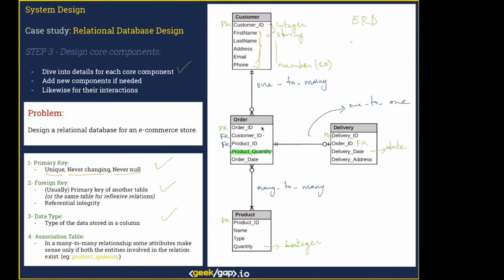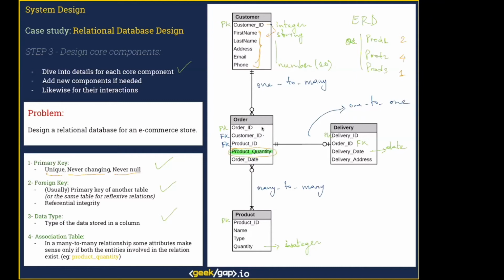So if you have, let's say, order 1, and you have product 1, product 2, product 3, how do you tell that for product 1 the quantity was 2, for product 2 the quantity was 4, for product 3 the quantity was, let's say, 1, because you only have one column to store that information?